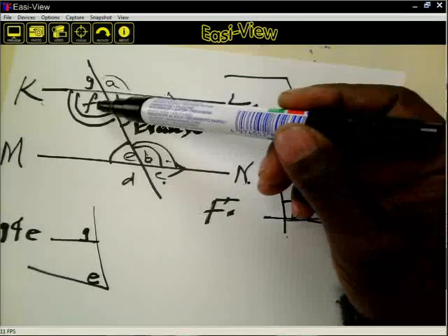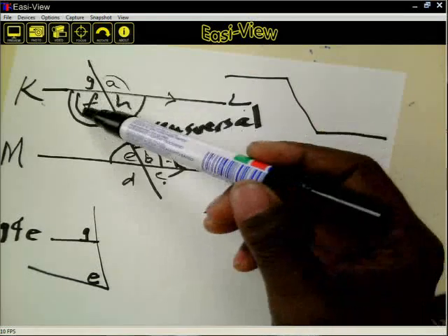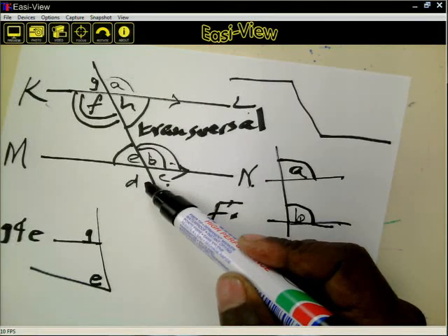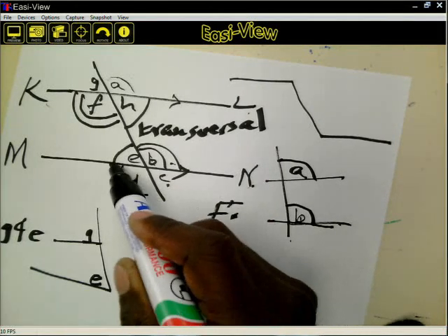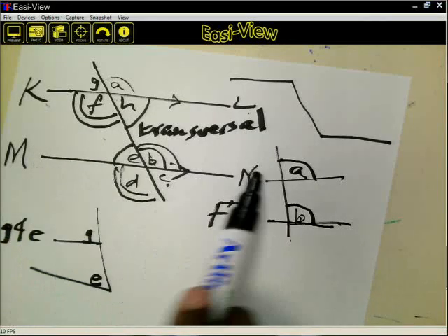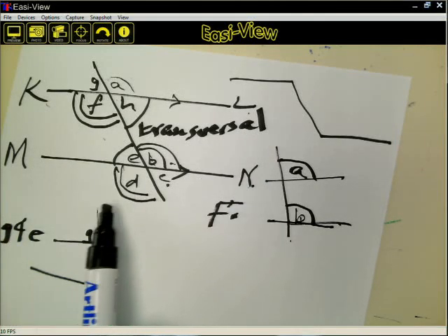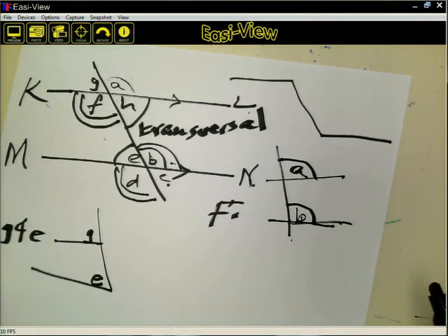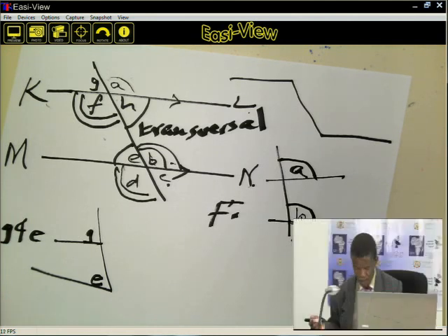Similarly, when you come this way, F is to the left of the transversal, D is to the left of the transversal, F is below KL, so is D below MN. So for alternate angles, they do the opposite. When one is on the right, the other one is on the left of the transversal. When one is above its line, the other one is below its line.